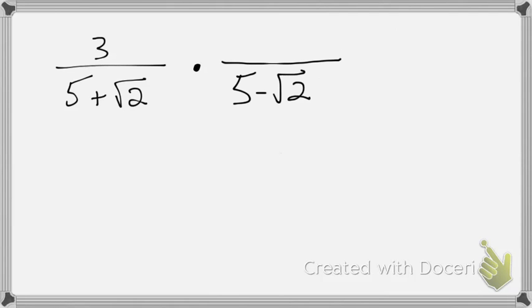So if I'm going to multiply by 5 minus the square root of 2 in our denominator, I need to do it to our numerator. Alright? I need to do the same exact thing. Now when you do this, what you're going to have up top is 3 times the square root of 5 minus the square root of 2. Okay?